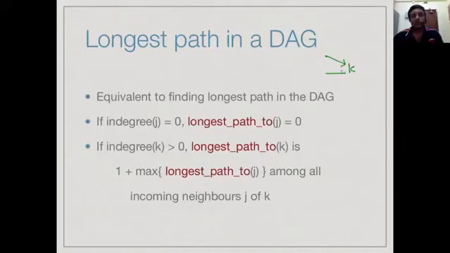I must wait for all of these to finish and then do k. So among all of these, I have to take the maximum length because that will be the last thing to finish, and after that I have to add 1 to account for k. So if the in degree is not 0, then the longest path to k has length 1 plus the maximum of the longest path to all its incoming neighbors.